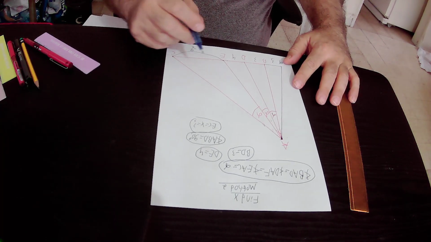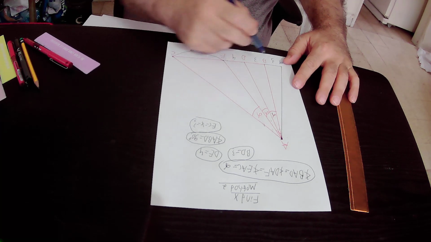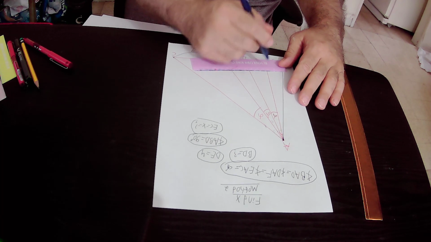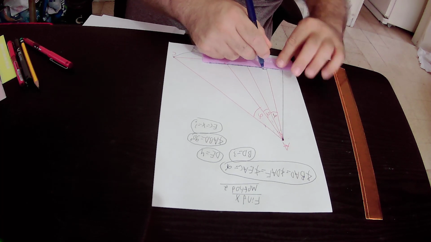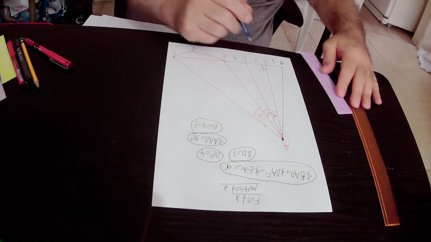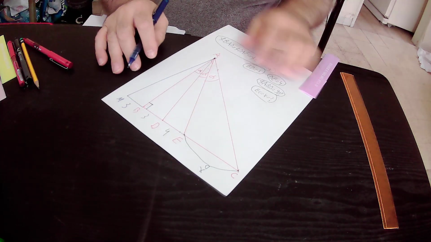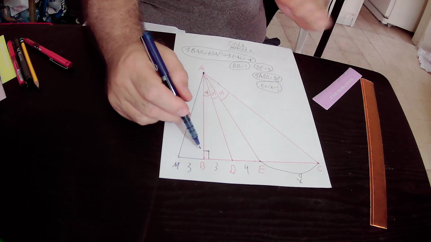We know that angle ABD equals to 90 degrees. It is given in the question. But what is the size of angle ABM?